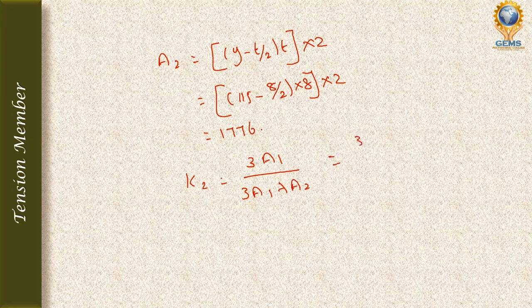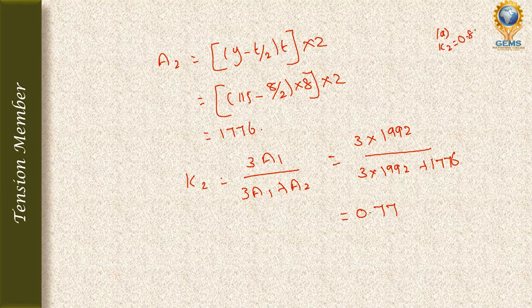So 3 into 1992 by 3 into 1992 plus 1776. So it comes to 0.77. Whereas in condition A, the K2 value is 0.85, but in condition C, the K2 value is 0.77. The only reason is that condition A is tack riveted, and condition C is not tack riveted.